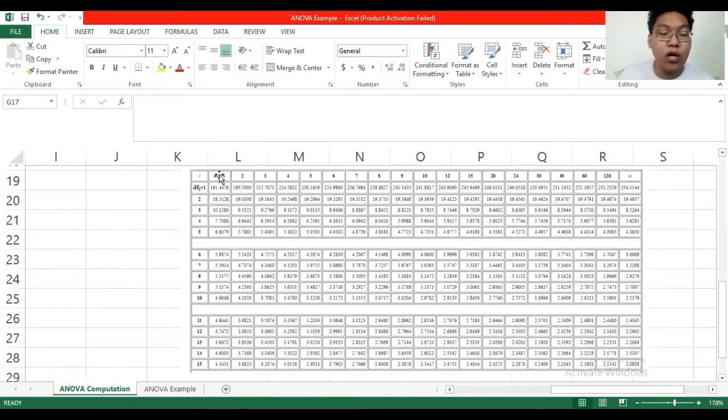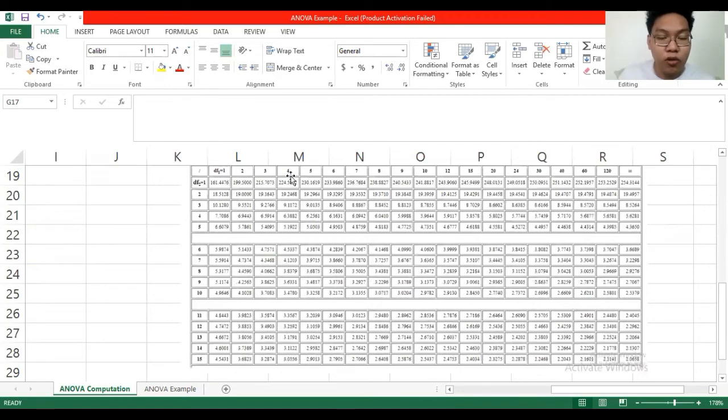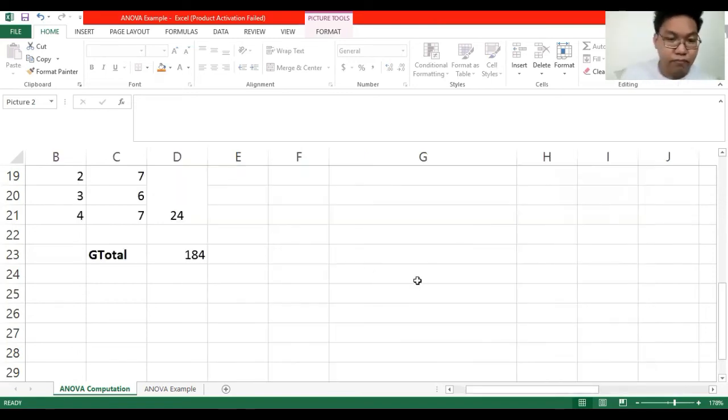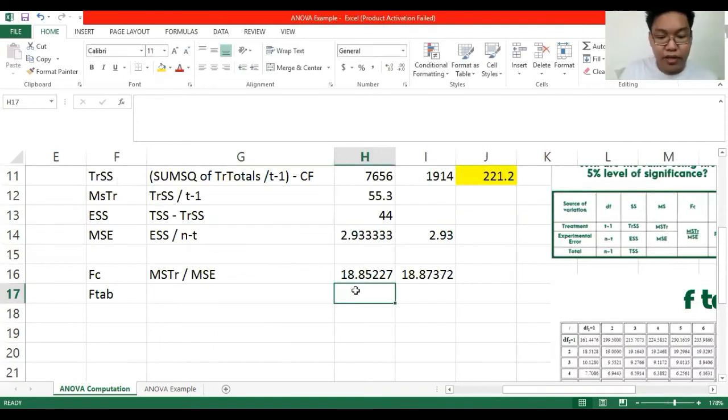For DF1, we have 4. I do not know if you can see my cursor, but I hope you will. DF1, we have 4. And DF2, we have 15. So if you trace their common point, it would be 3.0556, this one, here at the bottom part. So it's 3.0556.